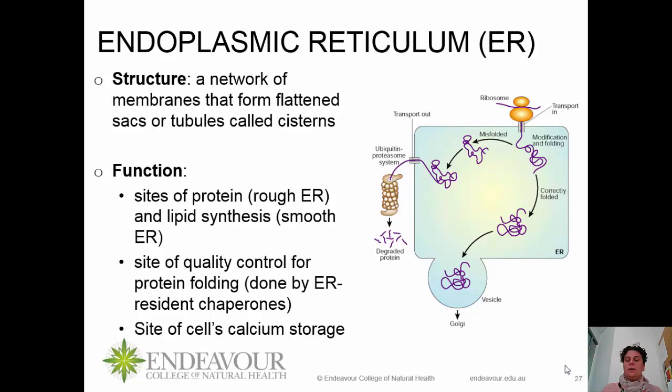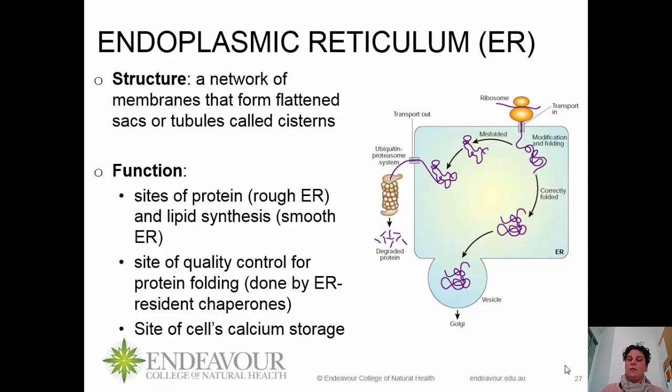So what I want you to imagine is you have your cell with the plasma membrane, you have your nucleus on one side of the cell, and then all around them is this network of membranes. And why is it a network of membranes, and why do we need them all the way through the cytoplasm? Well, because they themselves are important for two things.